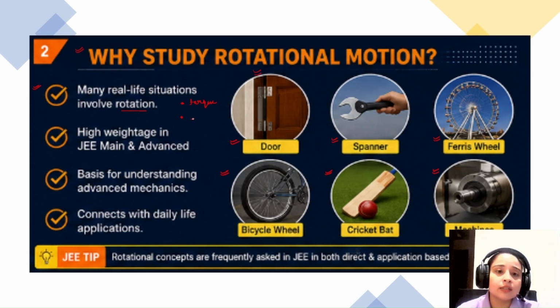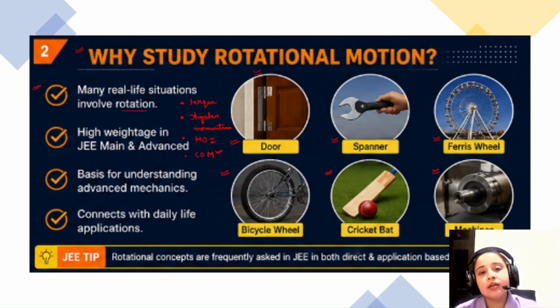Another one is angular momentum, and we need to understand moment of inertia, right? So we need new concepts like torque, angular momentum, moment of inertia, and center of mass. Today we're going to focus on center of mass, okay?